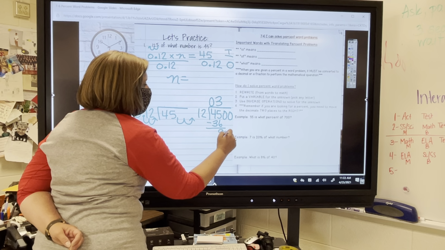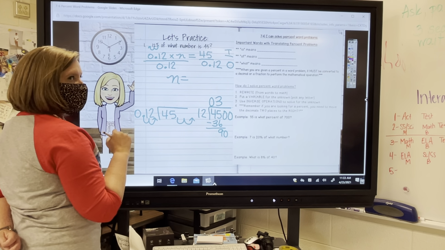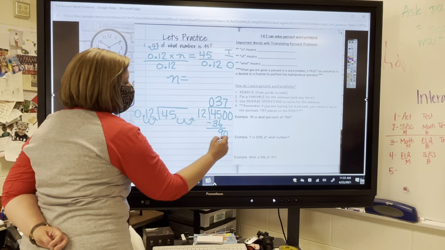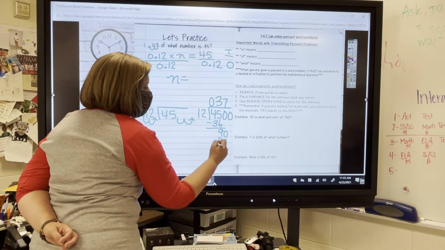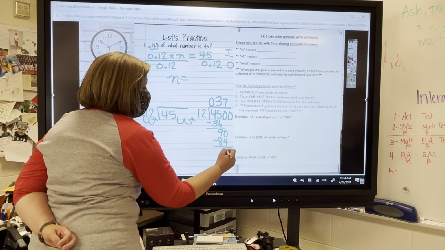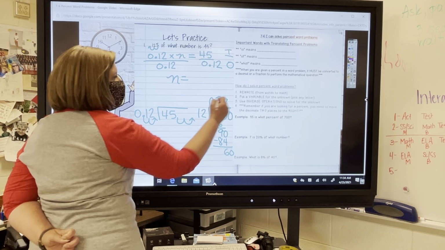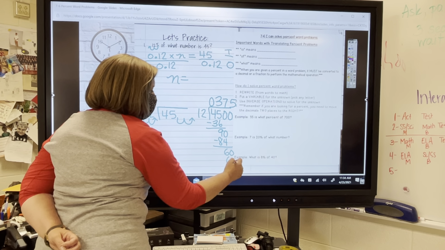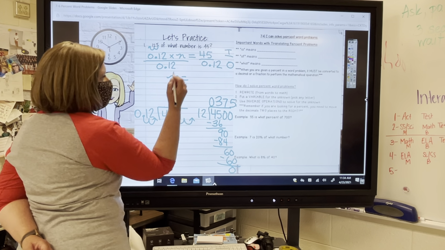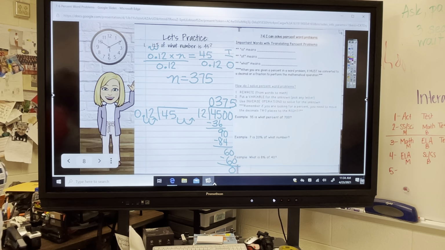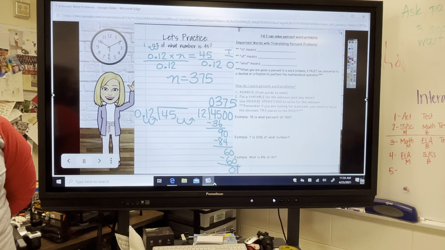How many times will 12 go into 90? 7. 7 times 12 is 84. 90 minus 84 is 6. Bring down my 0. How many times will 12 go into 60? 5. So what does n equal? N equals 375.